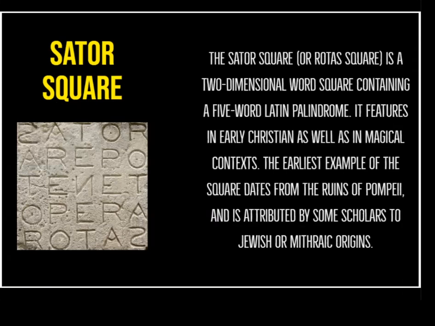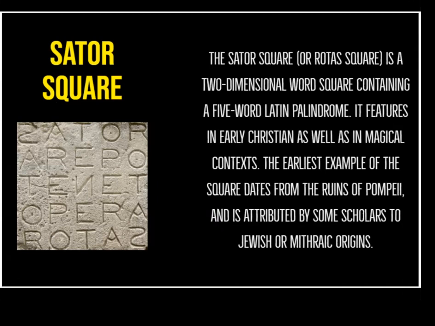The Sator Square, or Rotas square, is a two-dimensional word square containing a 5-word Latin palindrome. I love palindromes. You might have seen them on Nine Vibes. It features an early Christian as well as magical context.